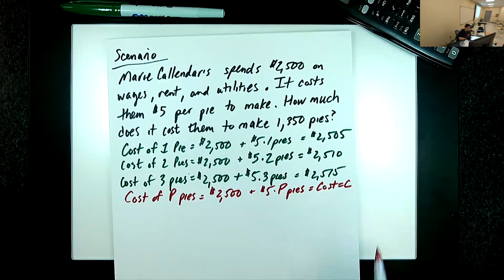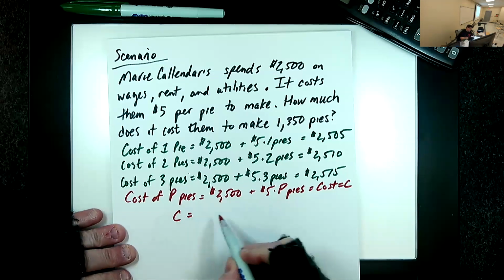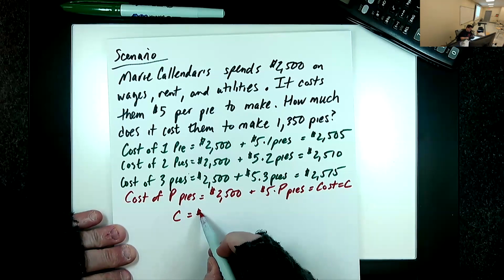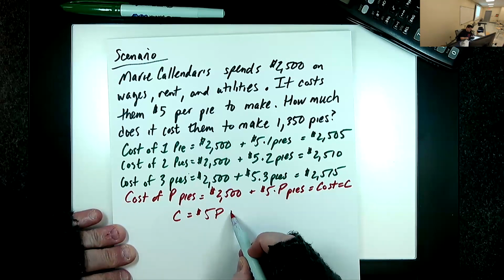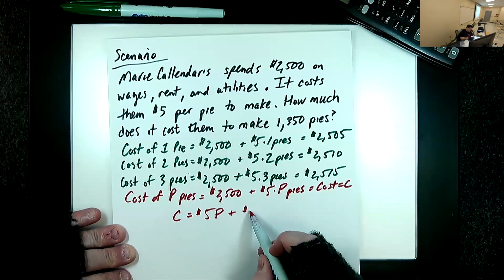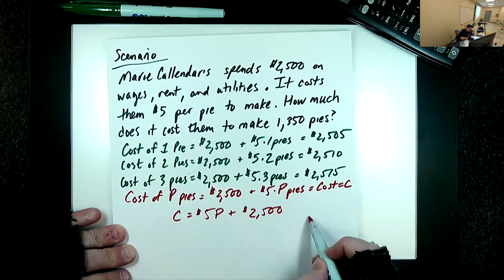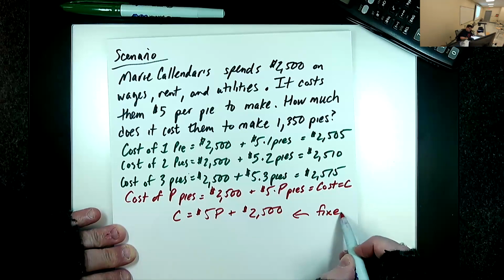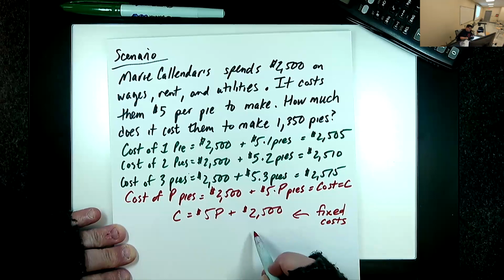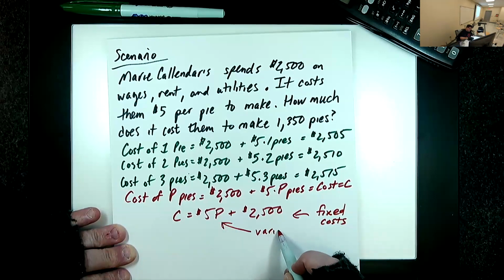We can call that C. So C is gonna equal the $5 times P plus the fixed costs. These are called fixed costs. And those are called variable costs if you study economics.